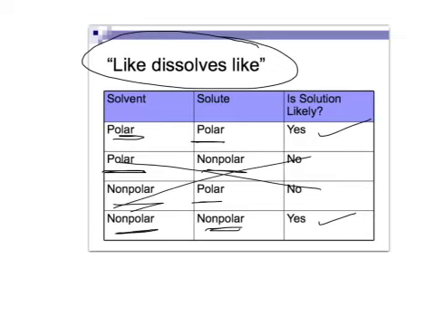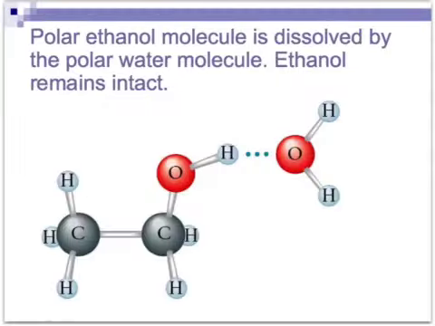Okay? So it's very important to be able to identify a solute and a solvent as polar or nonpolar. If you're not confident with that yet, you may want to listen to the other pre-recorded lecture I have on identifying polarity. All right, so what happens if a covalently bonded compound dissolves in water?